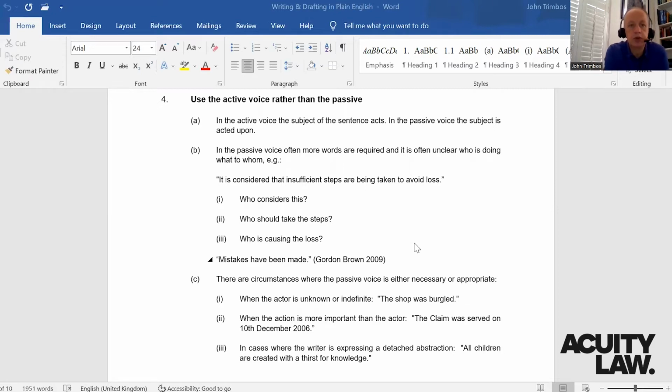Now, kicking off this session, we're just going to recap on a couple of points from session 1. So part 4 of the handout: use the active voice rather than the passive voice. As we have seen, the passive tends to be more verbose than the active voice. And I showed you how the actor can fall off the end of a sentence by mistake. And then you can end up with a sentence that is extremely vague by mistake, which we generally don't want.